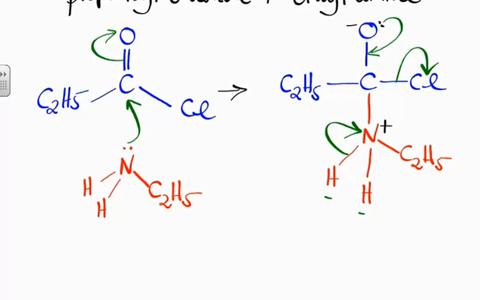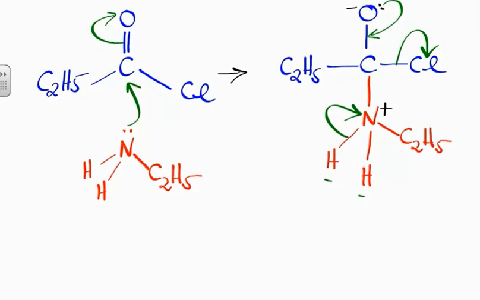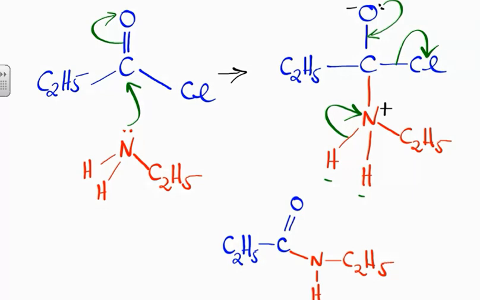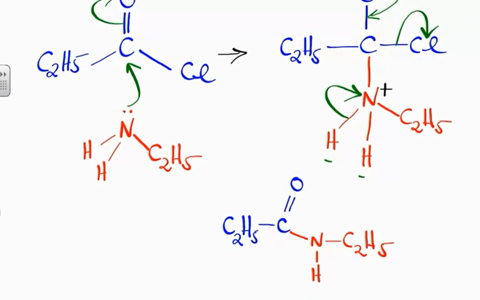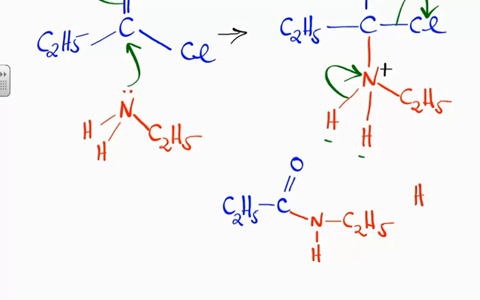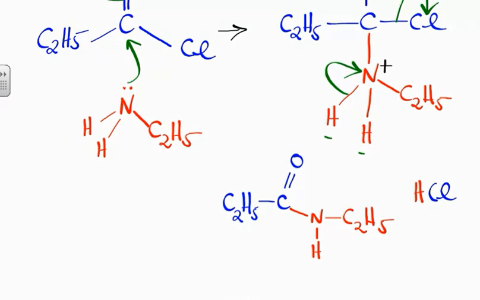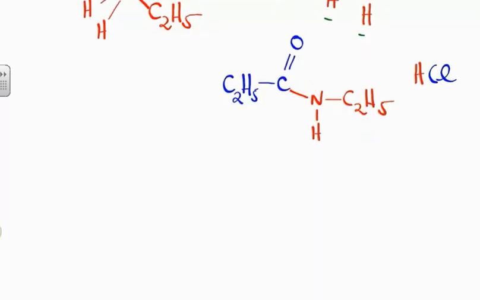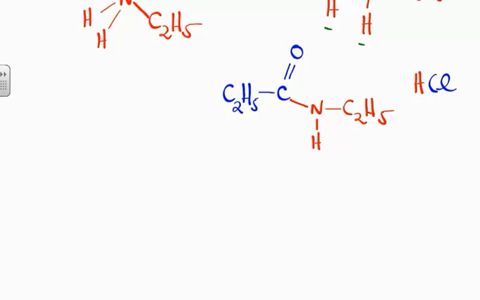Okay. What's that going to make? Now we've got the nitrogen bonded to one of the hydrogens as well as the ethyl. See if you can name this. So I've now got an ethyl group attached to the nitrogen, and on the left hand side I've got 3 carbons in my amide.